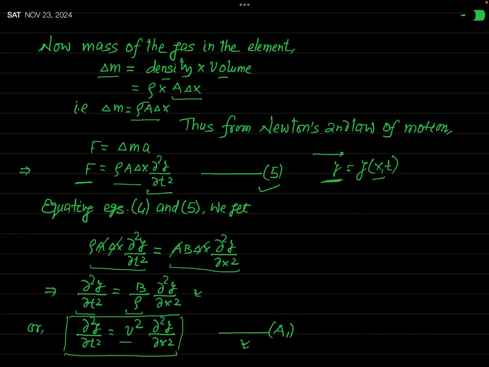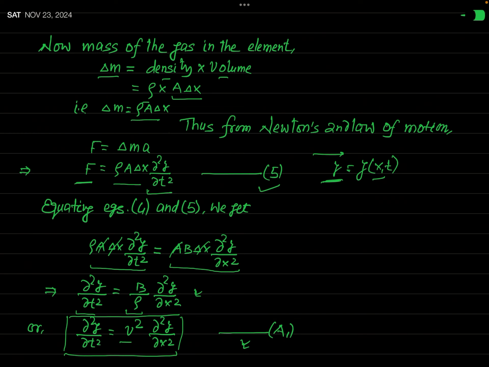So actually the equation of motion of this element represents the classical wave equation. But here, as I have told you several times, our aim is not to discuss the wave generated in this air column, but our aim is only to discuss its vibration, not its wave aspect.